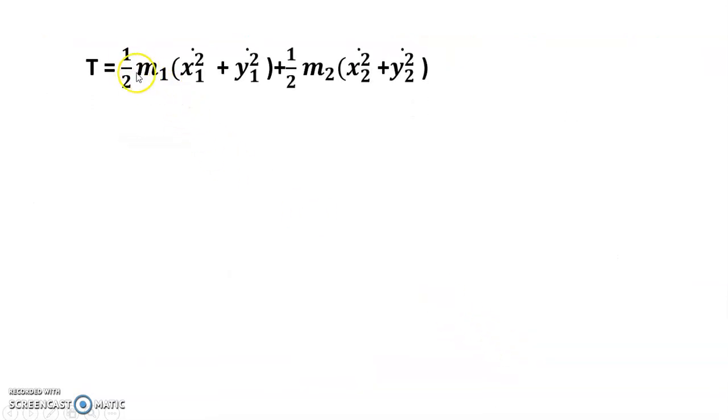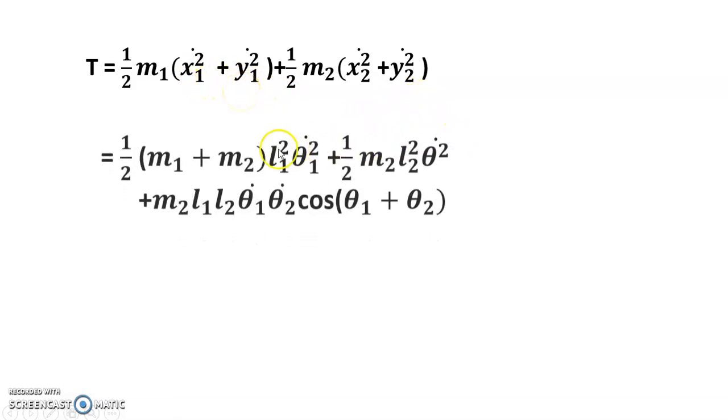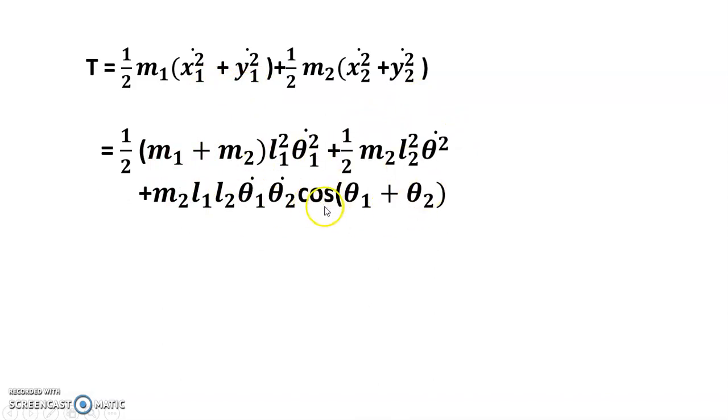Now we know kinetic energy is equal to half m v square. So v1 square is equal to x1 dot square plus y1 dot square, and similarly for x2 and y2, and I get the values by taking derivatives, x1 dot meaning dx1 by dt and dy1 by dt, and I get these results.